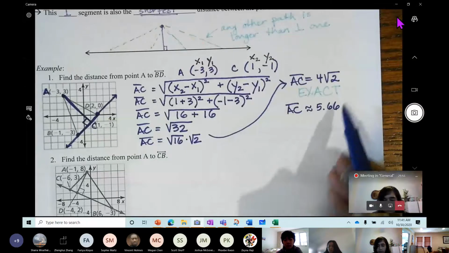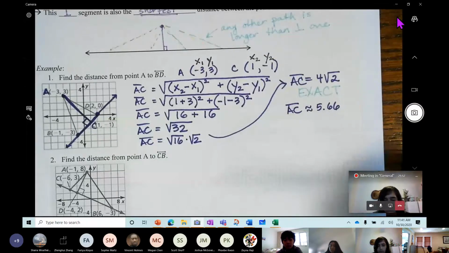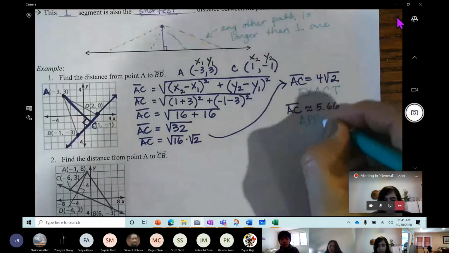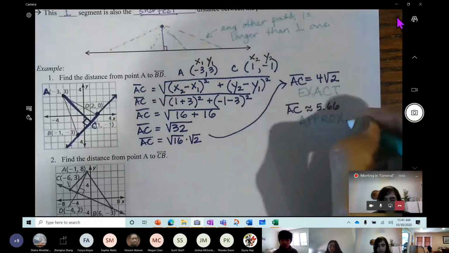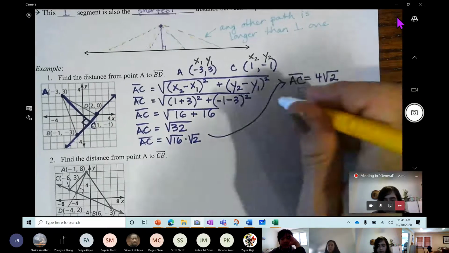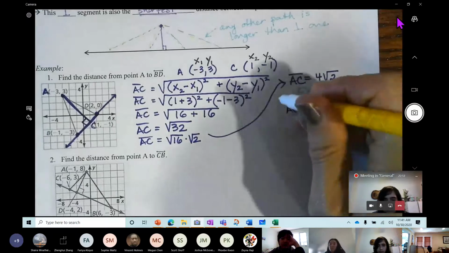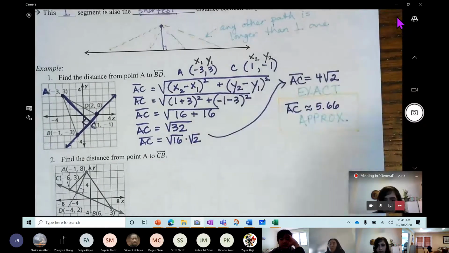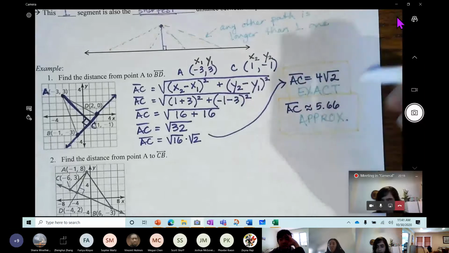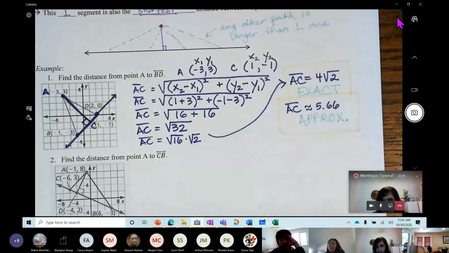I chopped it off, I rounded, but that is an approximation. So you know how picky Big Ideas Math is when you try to enter something that it doesn't like. Maybe it wants 5.7, maybe it wants 5.65 something. So I would always go with the exact if it were up to me, because I don't have to pull out my calculator. It's a whole extra step.